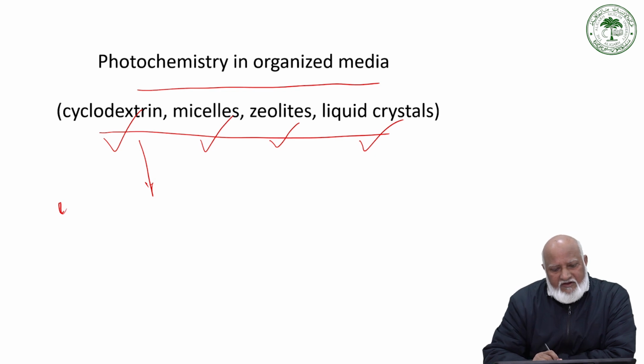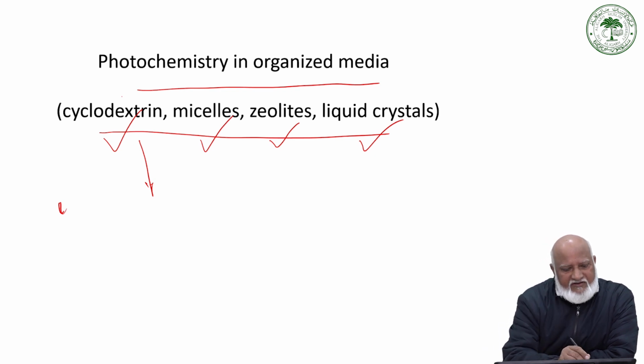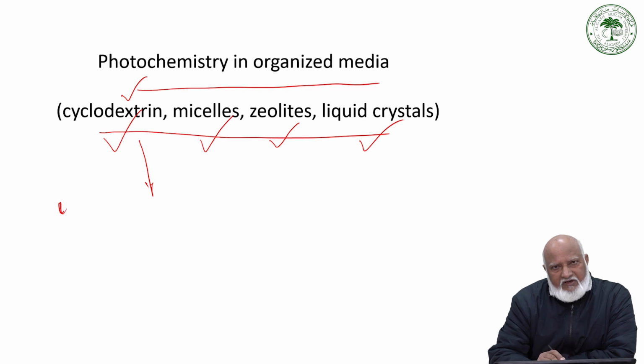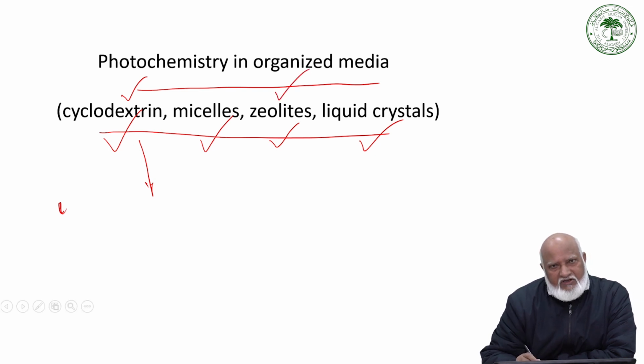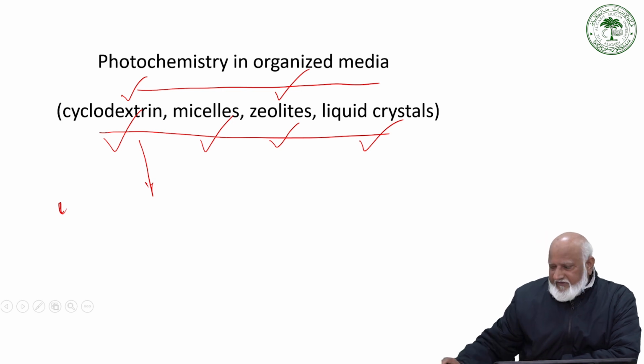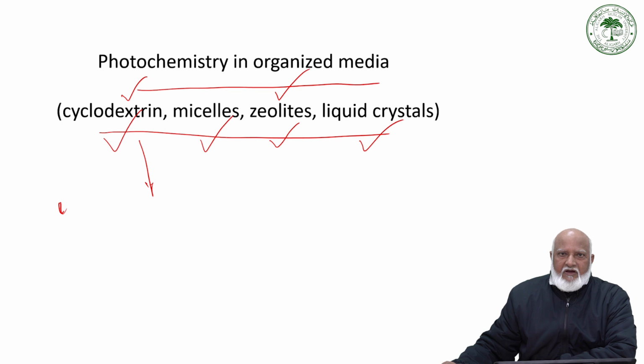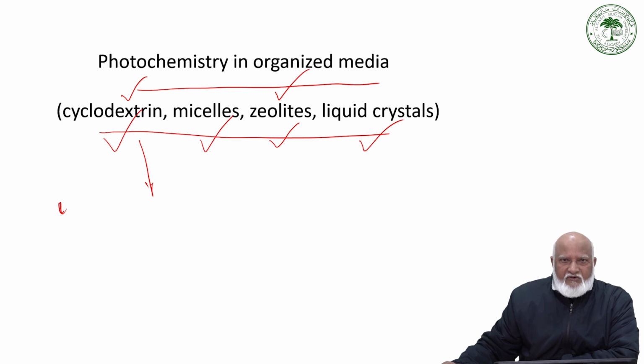I am going to look at two special cases where cyclodextrin can bring about selectivity in photoreaction. Similarly, zeolite can also bring about selectivity. As I have mentioned cyclodextrin, we will very briefly describe its structure.